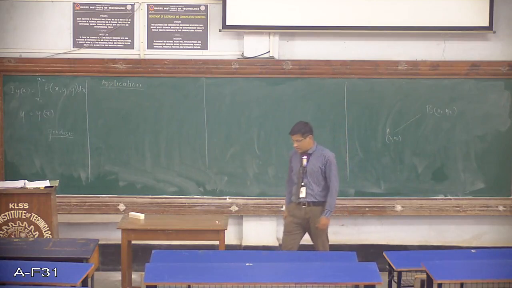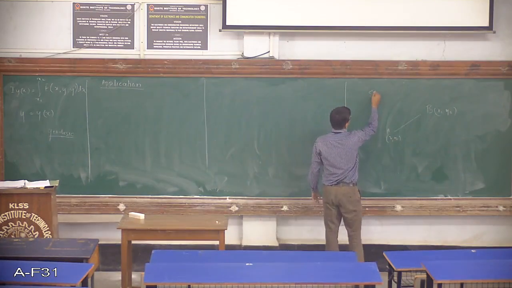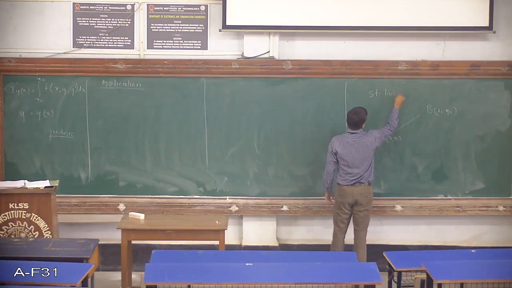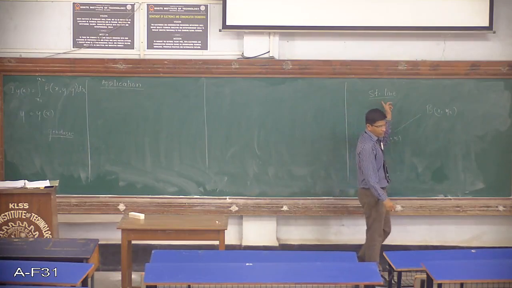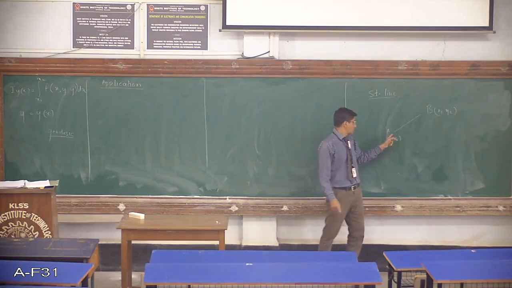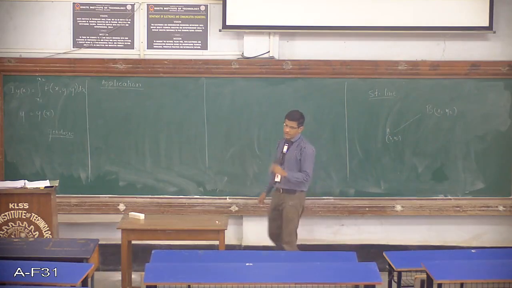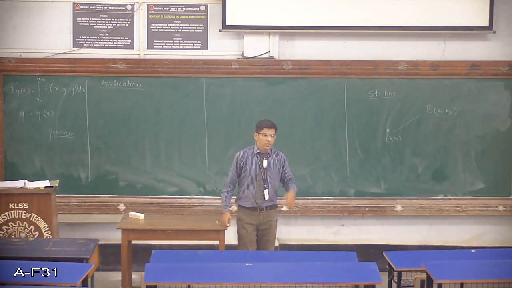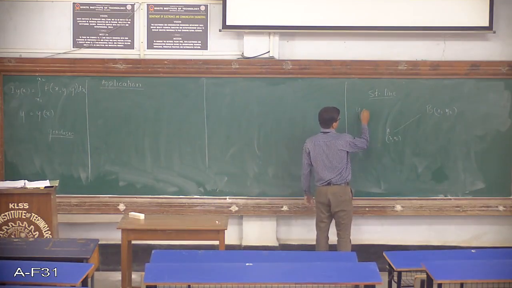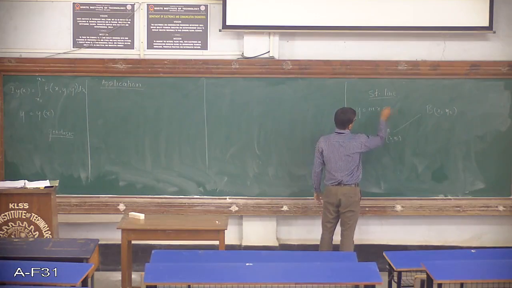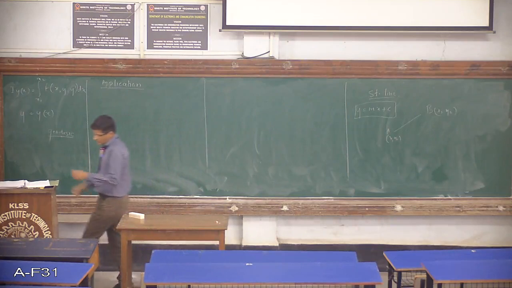The shortest distance between the points on a surface is always a straight line. We proved this yesterday, and also with respect to slope point form. We got the same answer, y is equal to mx plus c.